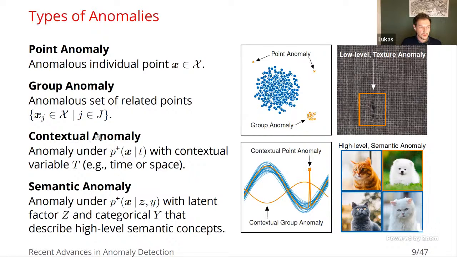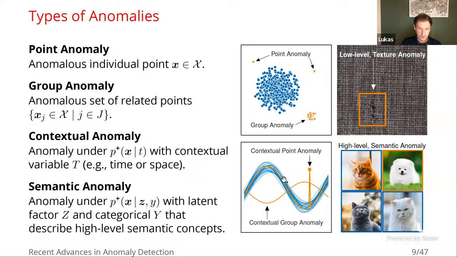Then what Stefan was also mentioning is what's relevant for time series anomalies is context, so contextual anomalies. For instance, given a context of time, or context of space for spatial anomalies.